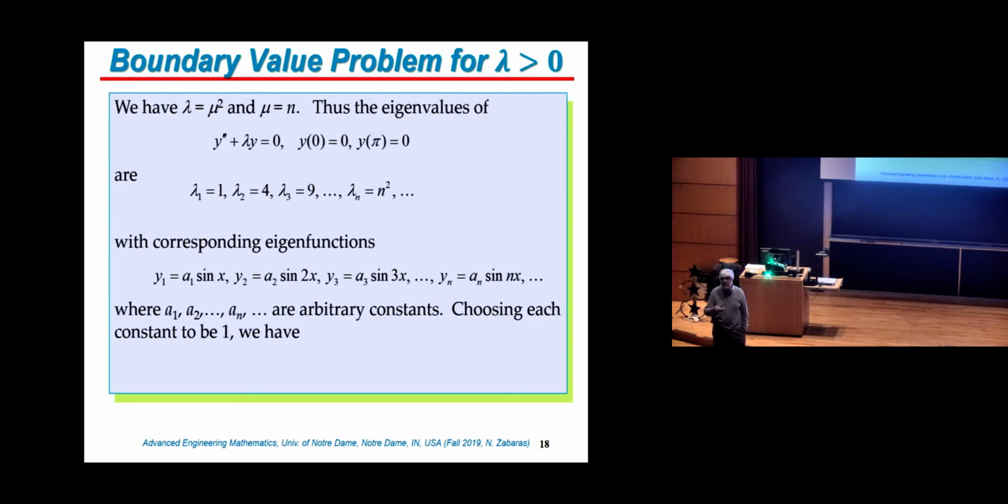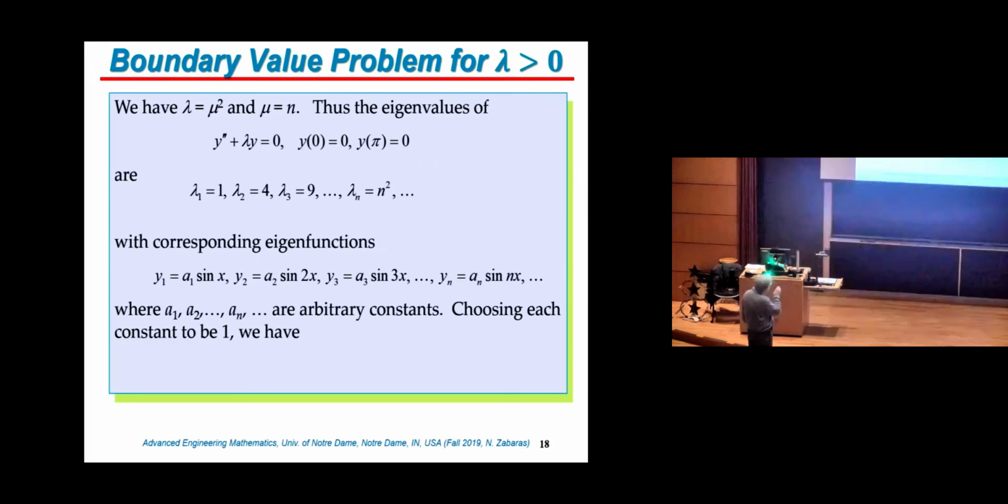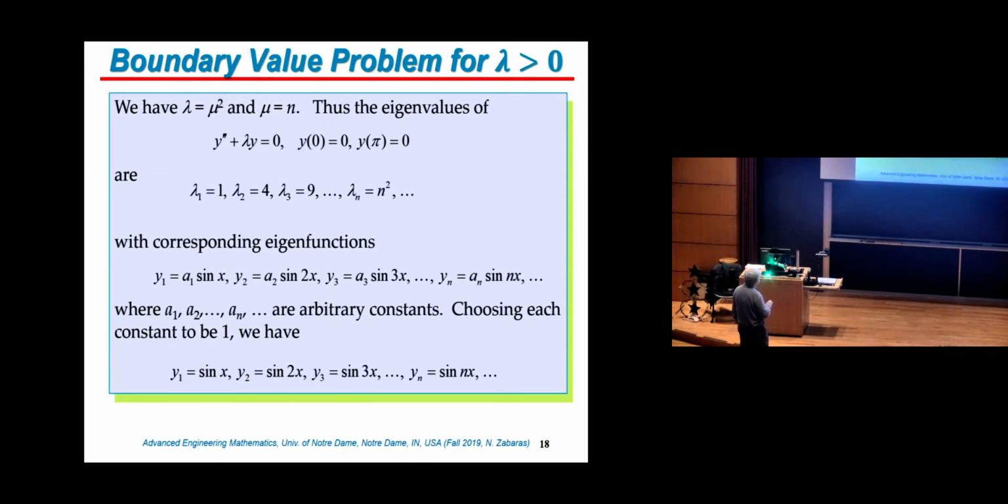If you discretize one, you get the other. So not surprising, but here we work in continuum space. These are the eigenfunctions, and these are the eigenvalues. And you can get rid of these constants. You don't really care. So you can say that the eigenfunctions are what you see here.